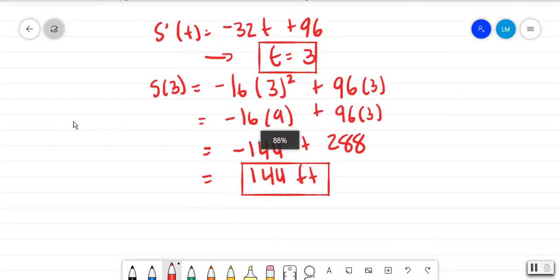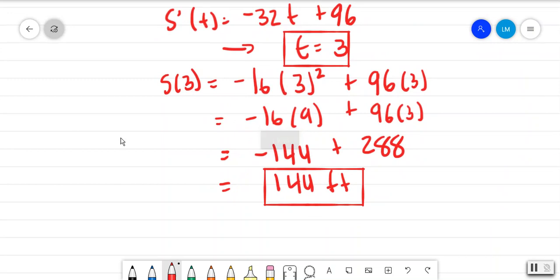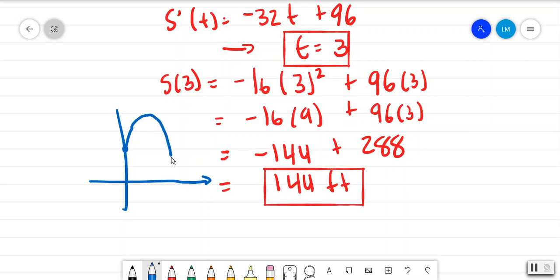Now, the other way you could have approached this is to think of it in terms of the algebra. If you look at the model of the height of a projectile, if you have a function that defines it and it looks like this, we know this is the initial height, and this is when it hits the ground.